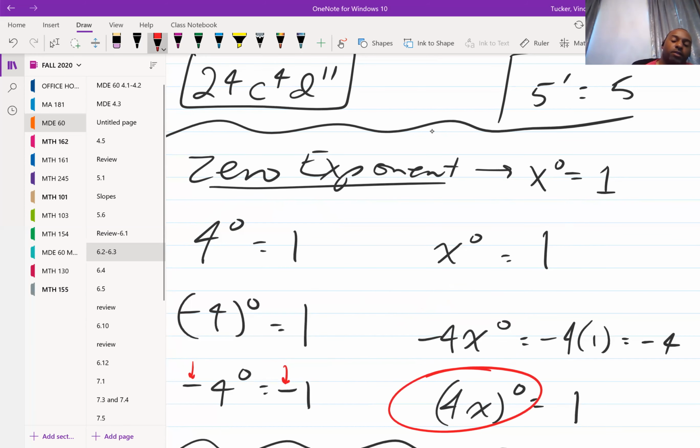But in this last one, 4x is being affected by the 0 power. So the whole thing is equal to 1. So the parentheses versus not having parentheses really matter for what is being affected by your exponent. So make sure you're careful.